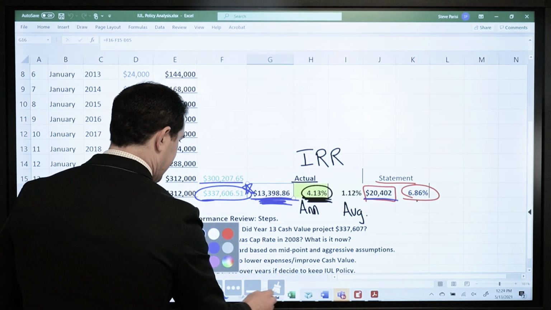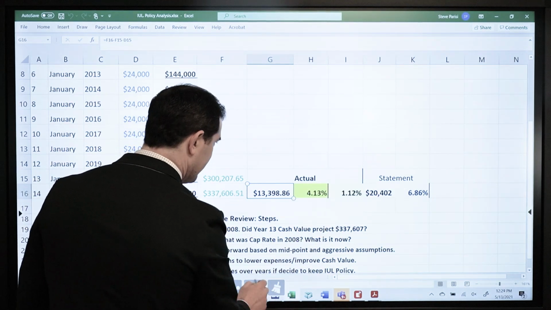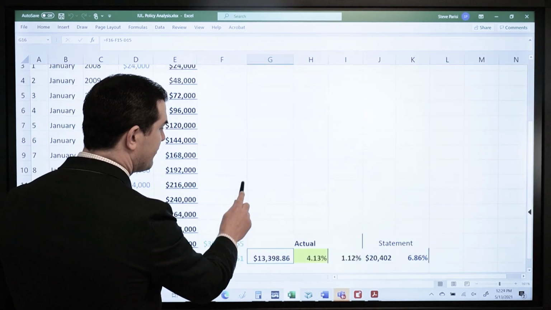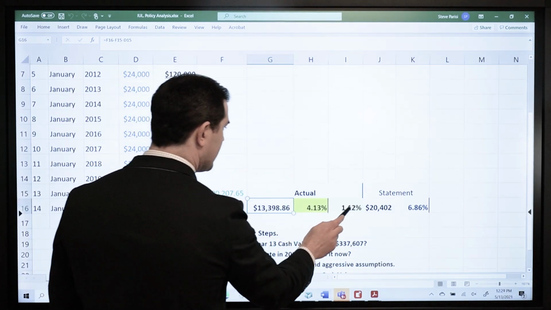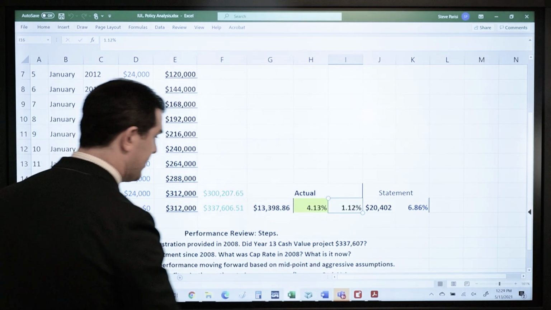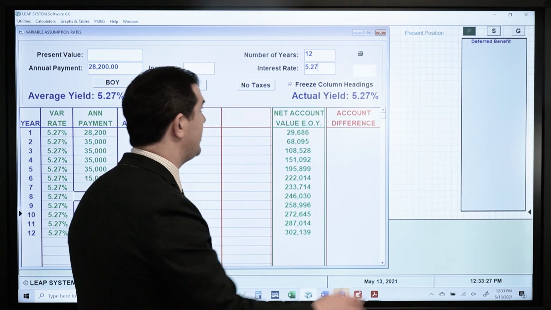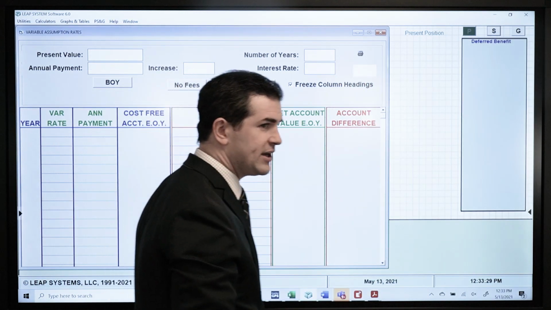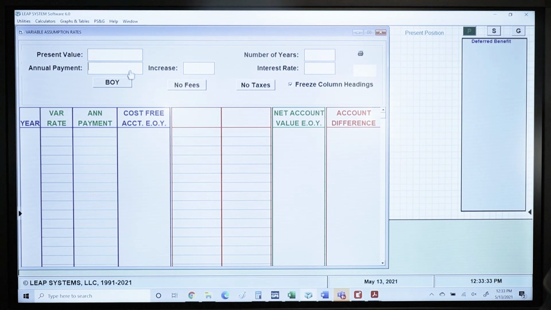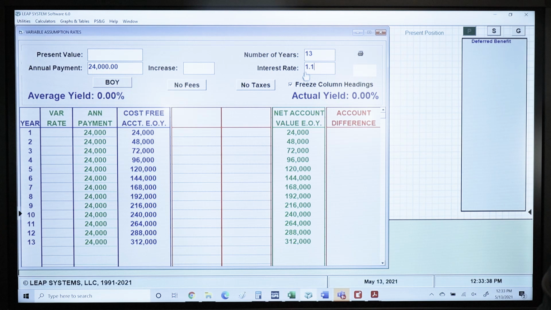Now here's the biggie. Average, I just want to go back to this. Average internal rate of return, 1.12%. So how did we come up with that number? Let's crunch it actually. So he's paid in what? $24,000 per year, 13 years, 1.12%.